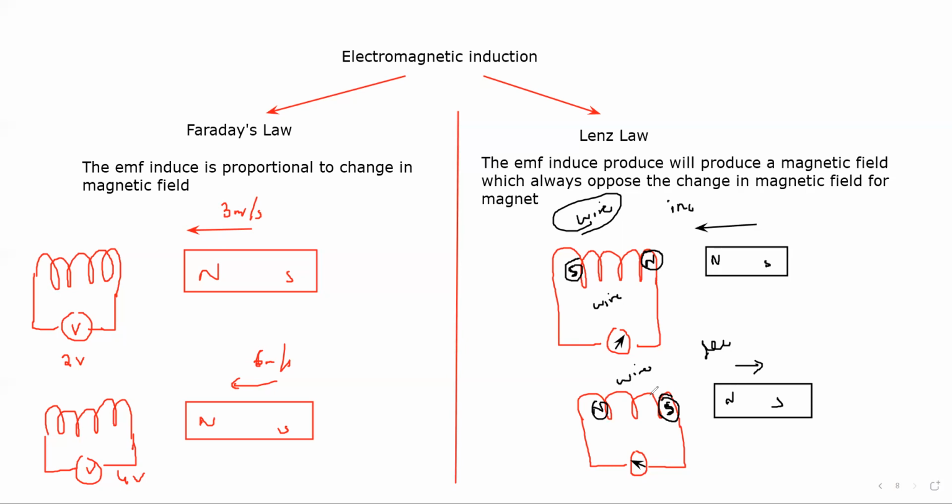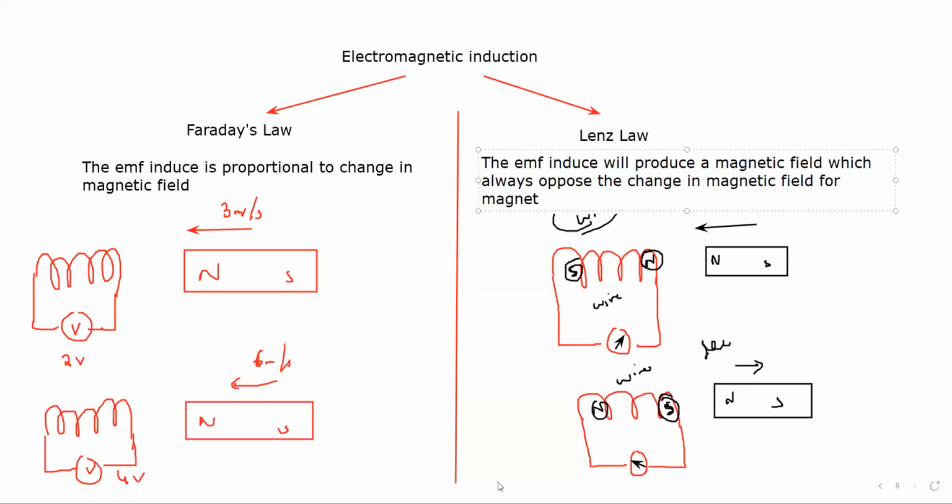So the induced EMF will produce a magnetic field which always opposes the change in magnetic field of a magnet or a wire.